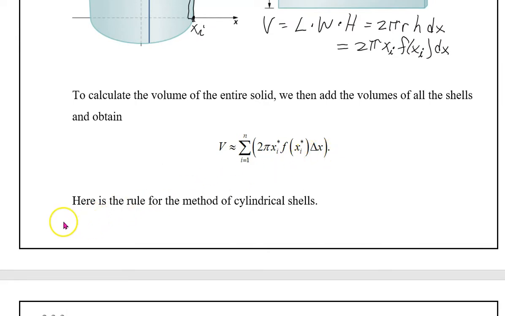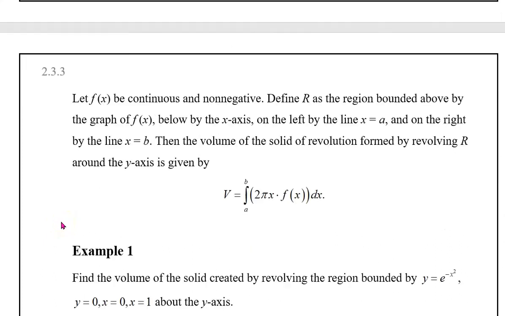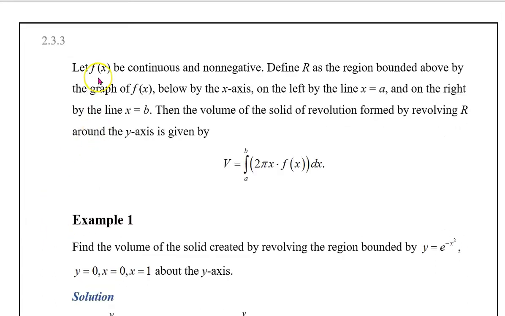Here's the rule for the method of cylindrical shells. Let f of x be continuous and not negative. Define R as the region bounded above by the graph of f of x, below by the x-axis, on the left by the line x equal a, and on the right by the line x equal b.